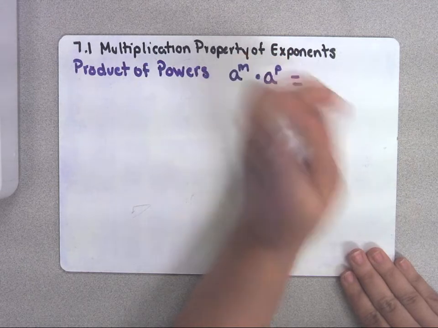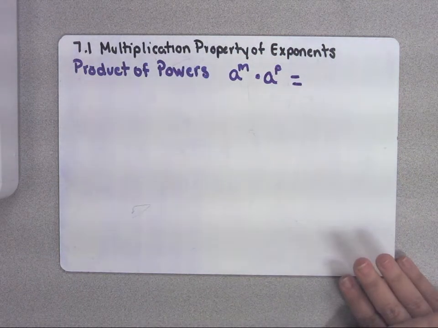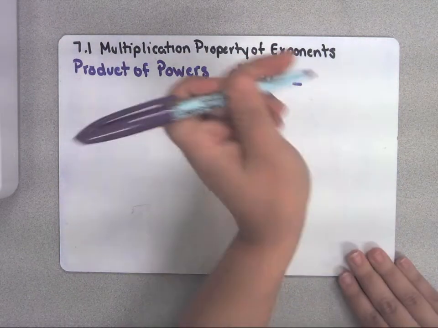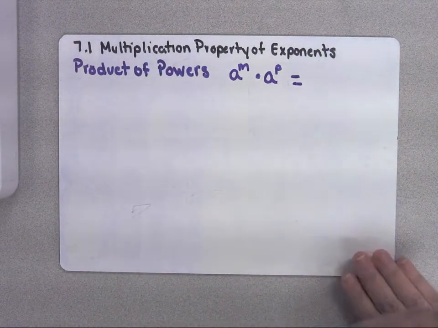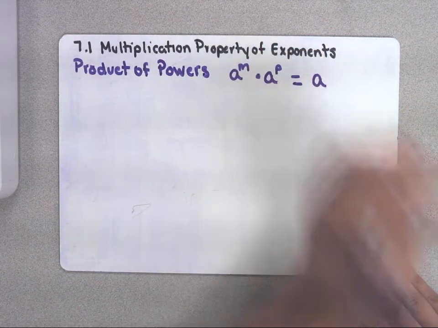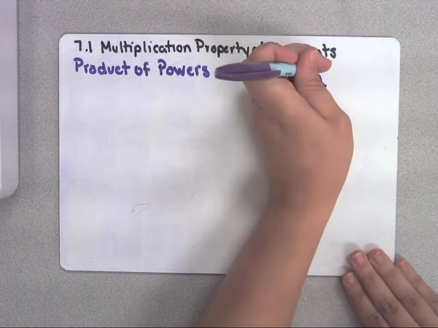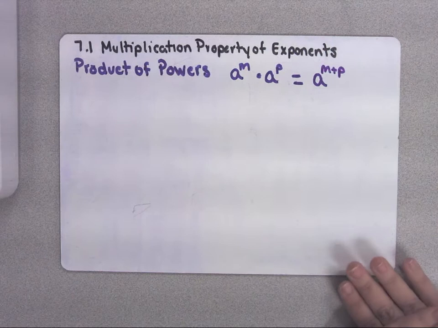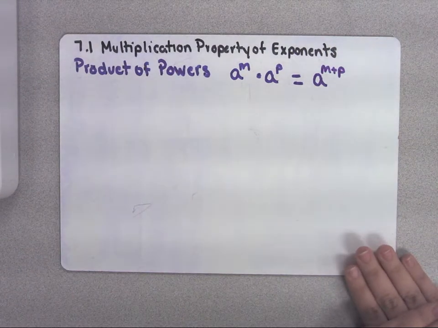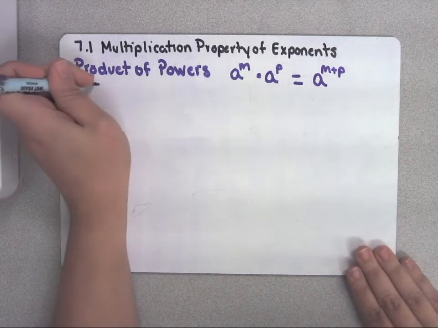When we multiply numbers or their variables, we add their exponents. So a to the m times a to the p turns into a to the m plus p, because we don't know what those are. Such that I can give you this example.